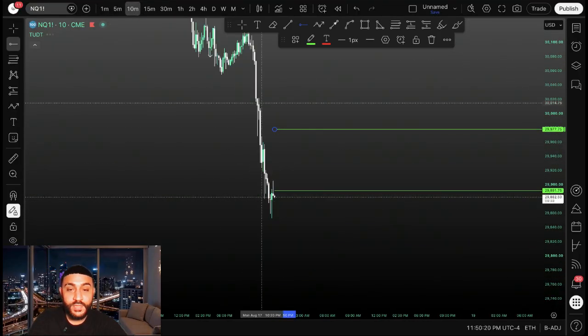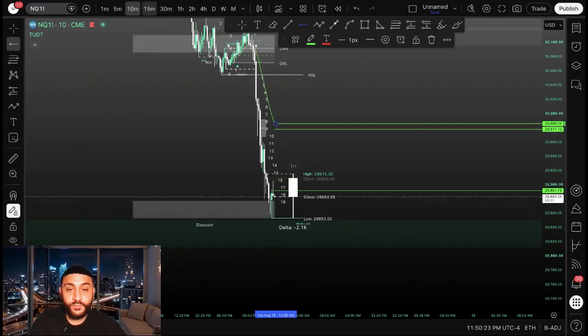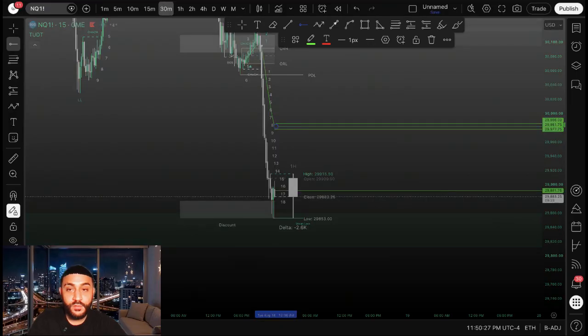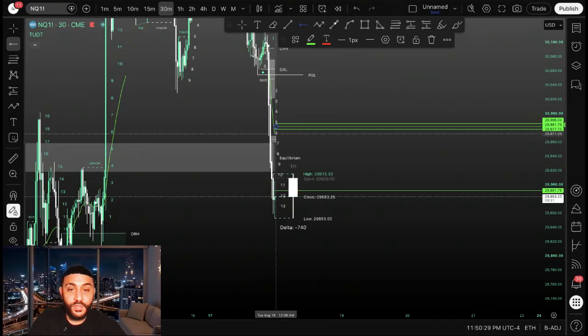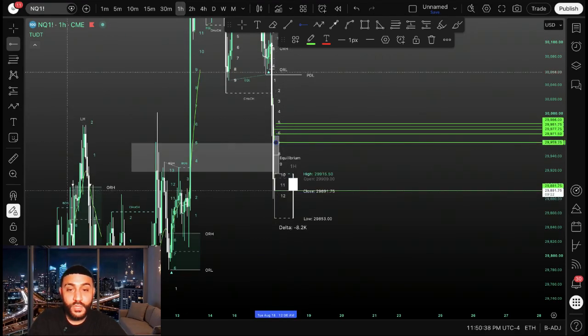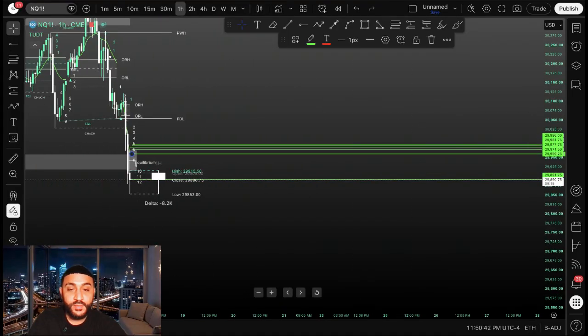The 10 minute is just above it. The 15 is in between. And the 30 is below the 5, 10, and 15. On the 1 hour, it is also below. So right now, that does not give us the confluence in trade that we're looking for, right?